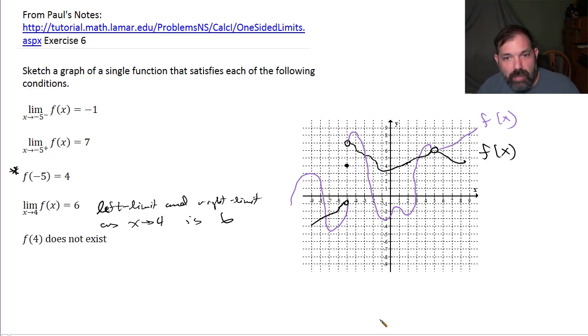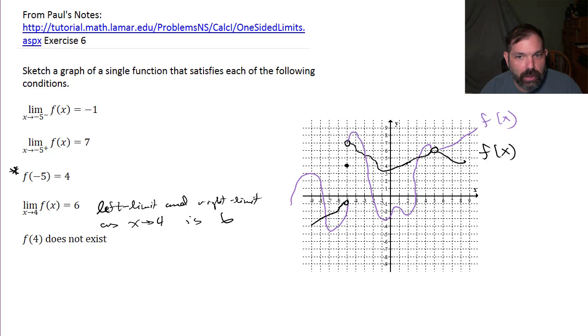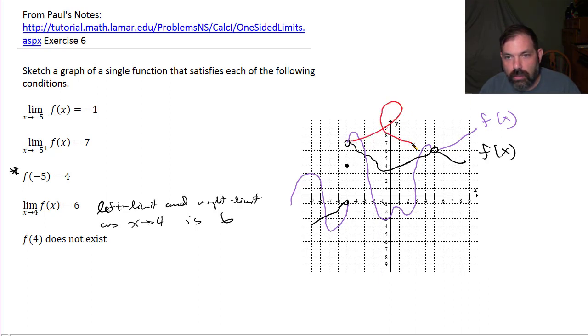Now, what would be something that would be incorrect? Here, I'll draw in red something that would be incorrect. What if I changed the part in between and did something like this? Let's put a little loop in it.